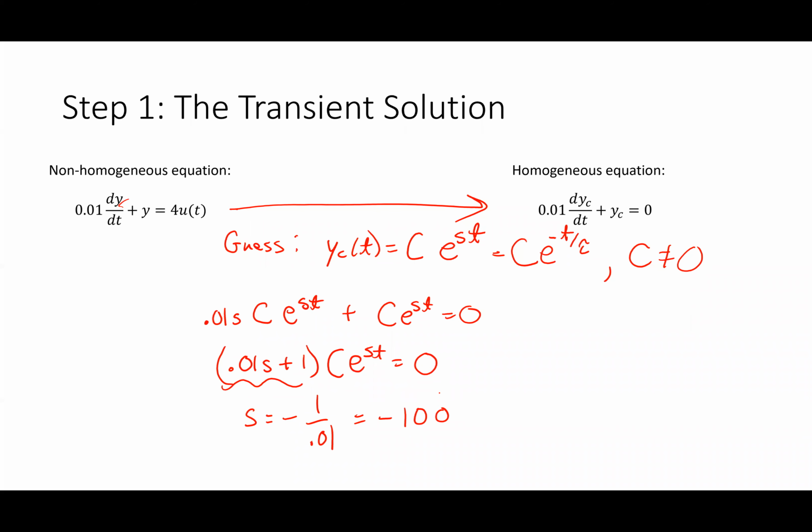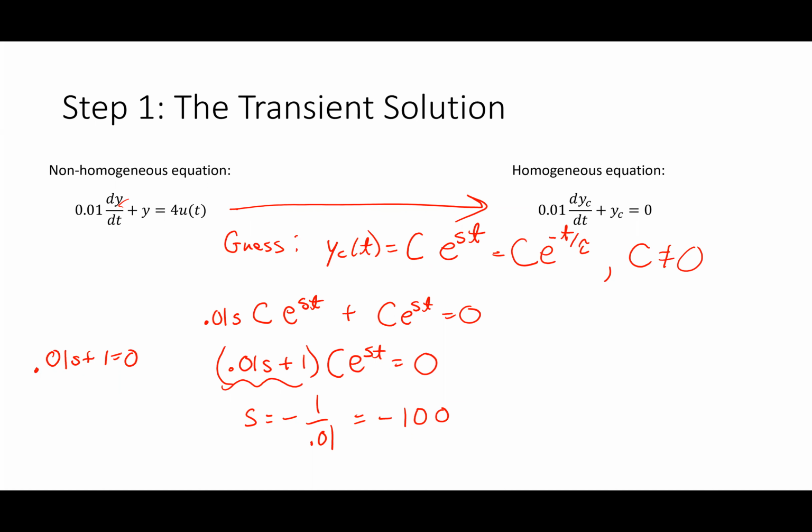I have a question. Yeah. Is that -1 always going to be over the coefficient at the beginning, like that 0.01? No, not necessarily. It all depends on what the equation looks like. I got that -1 over 0.01 from solving the fact that 0.01 s plus 1 has to be equal to 0.